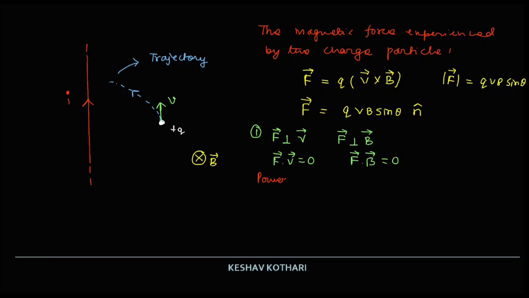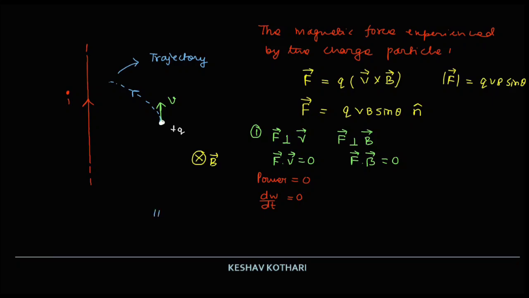So power is also equal to 0 for the charge particle due to the magnetic field, and this power can be written as rate of doing work, that is dW by dt, and if I equate it to 0, so I say that work done by magnetic field is 0.